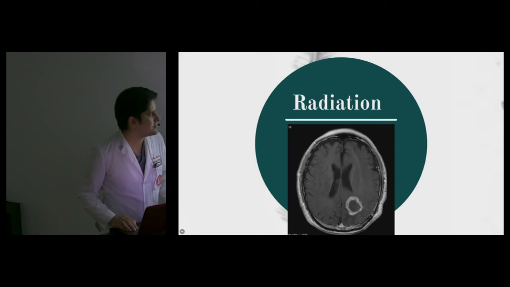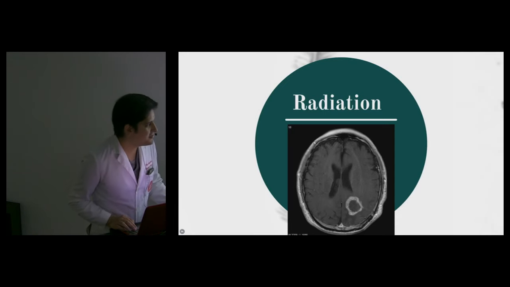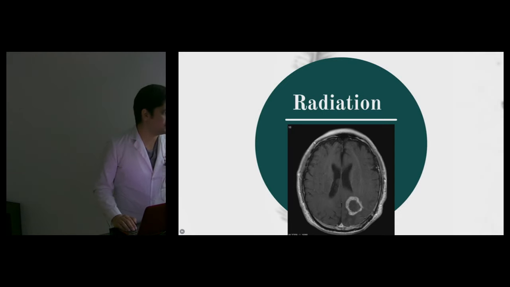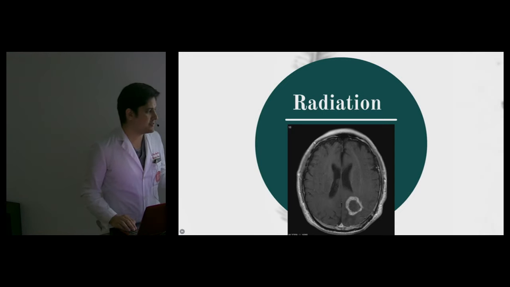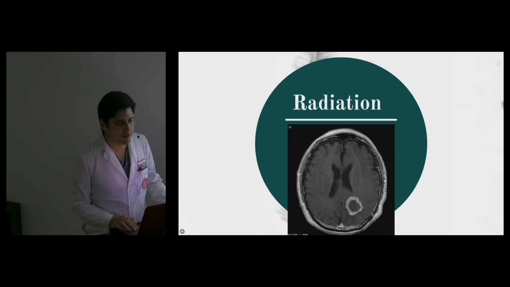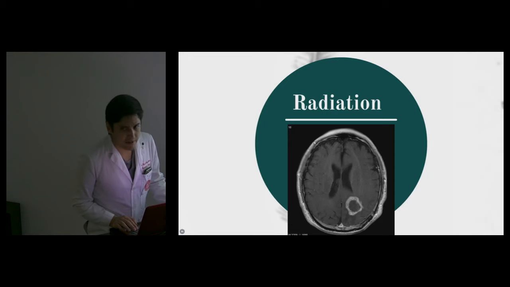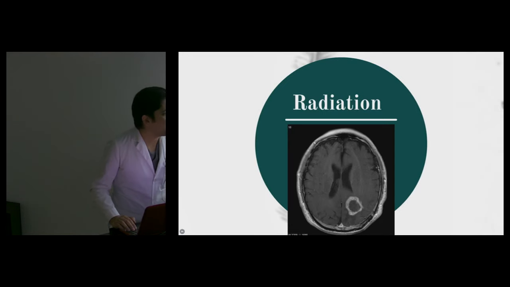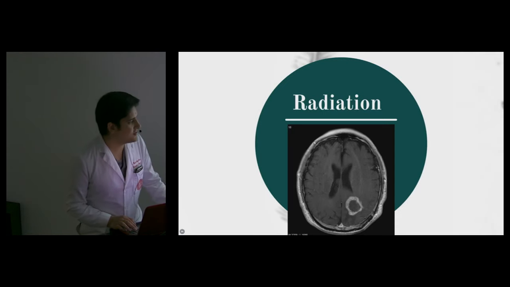The R comes from radiation. You could see multiple lesions with rim enhancement. The differential diagnosis of these lesions is metastasis or recurrence of the tumor, but in these lesions the MR spectroscopy and the MR perfusion are useful to differentiate.